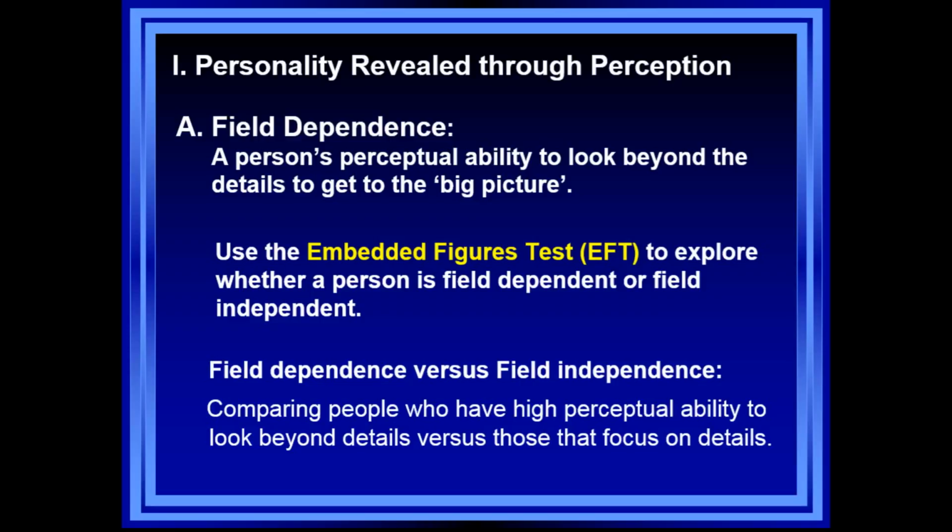It's a famous test, so you should remember that name, to explore whether a person is field dependent or what they call field independent. And what that means is field dependence versus field independence, comparing people who have a high perceptual ability to look beyond the details versus those who focus on the details.